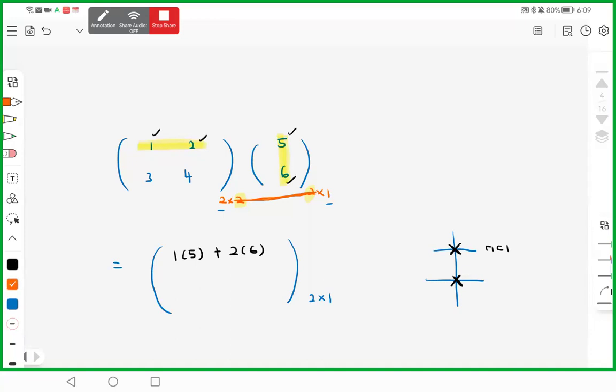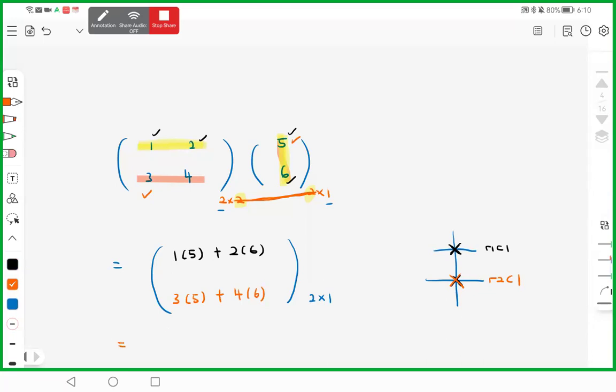Second baby here, read the position first. Second row, so row 2, column 1. All the elements in row 2, the second row, are multiplied with the elements in column 1. 3 times 5, like this, plus 4 times 6.